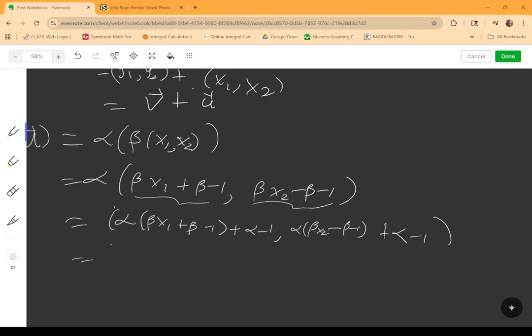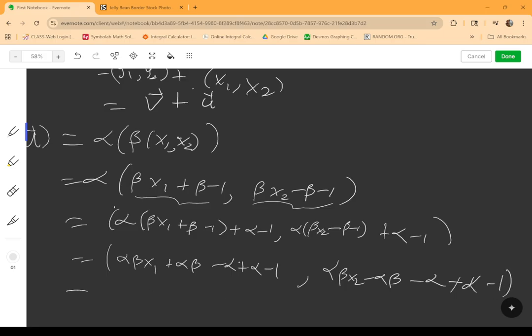We get alpha beta x1 plus alpha beta minus alpha plus alpha minus 1, and alpha beta x2 plus alpha beta minus alpha plus alpha minus 1.